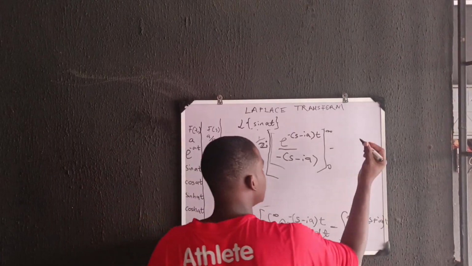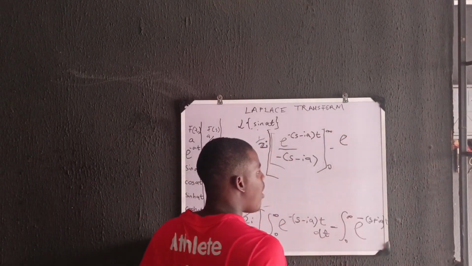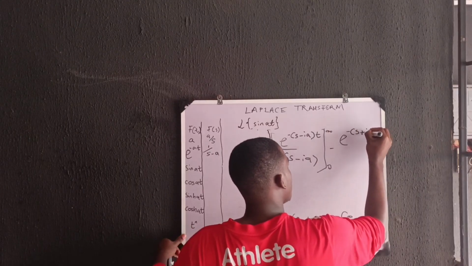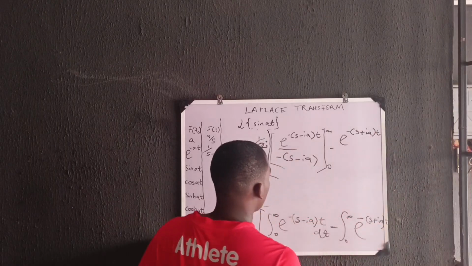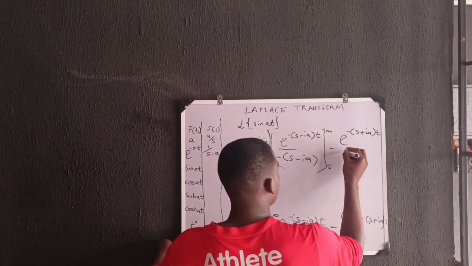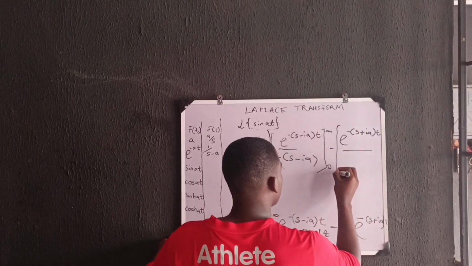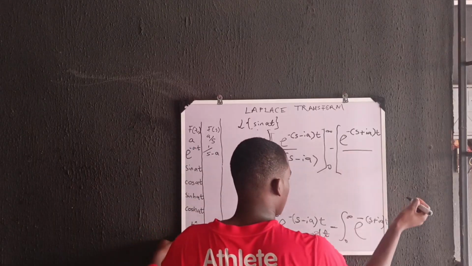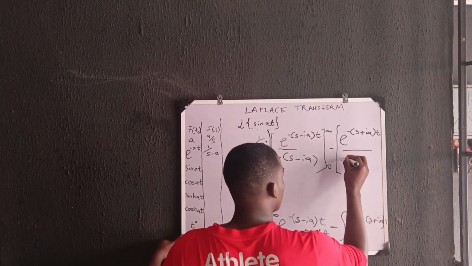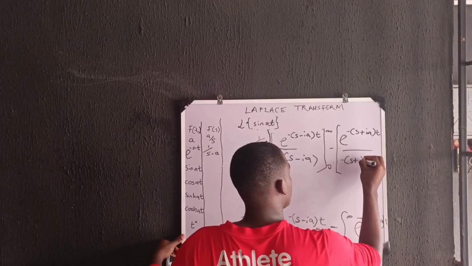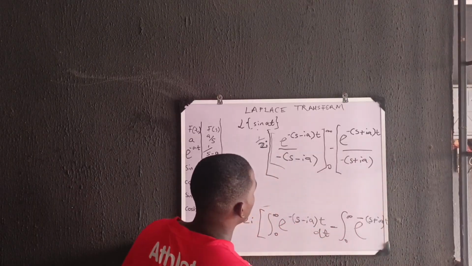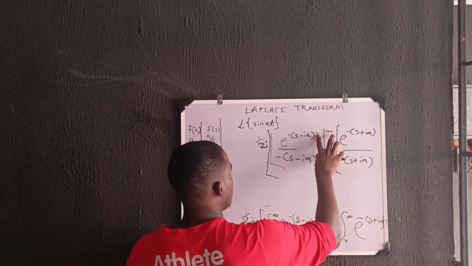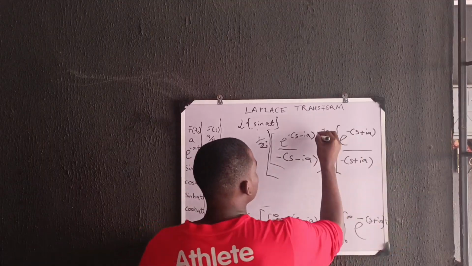This one, if you integrate it, this is what you're going to have: e to the power minus s plus ia t all over minus s plus ia. The t is meant to be there.